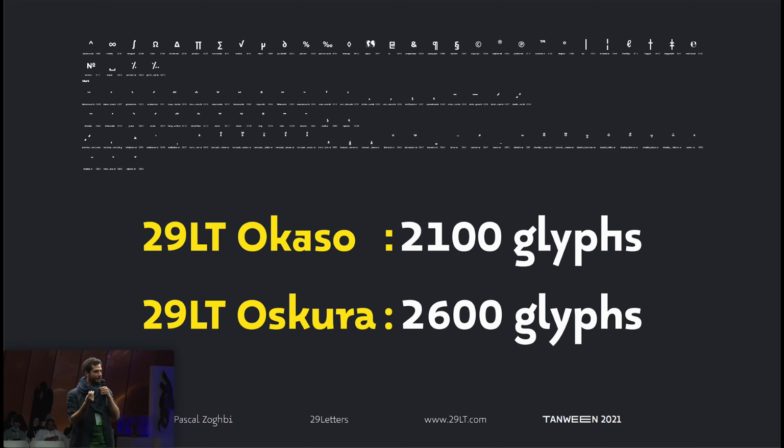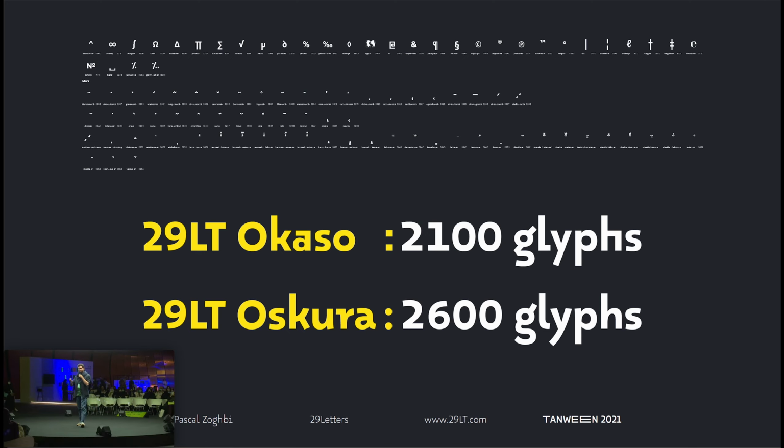And this is for one typeface, and it took us 2 years to work on it. Of course, not 2 years constantly working 8 hours every day, but 2 years in confinement, with the kids at home, being parents and cooking and all of this. But it took 2 years.